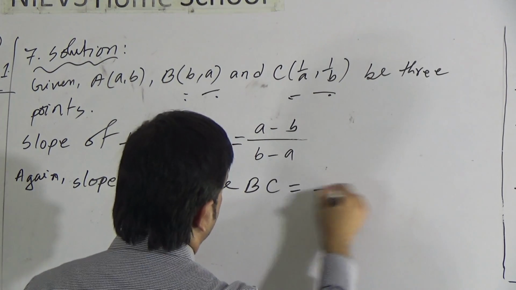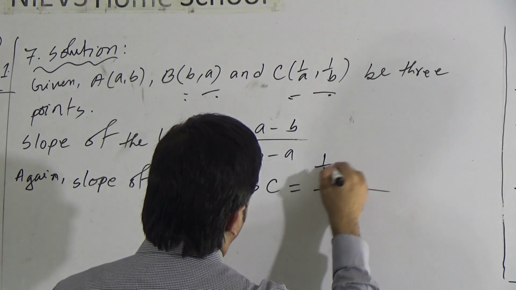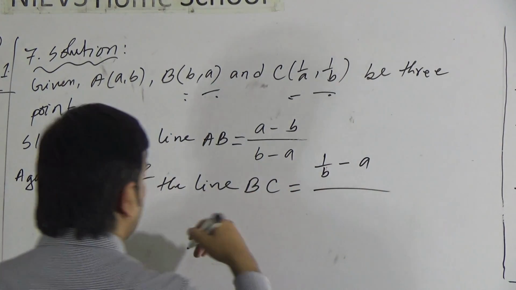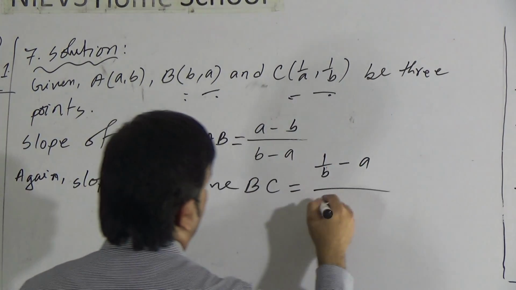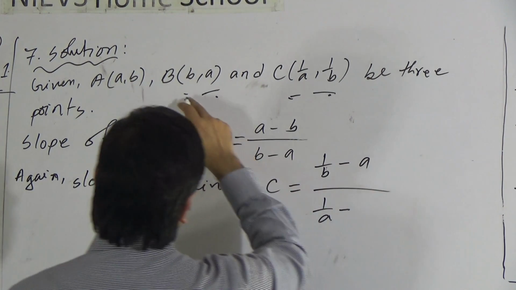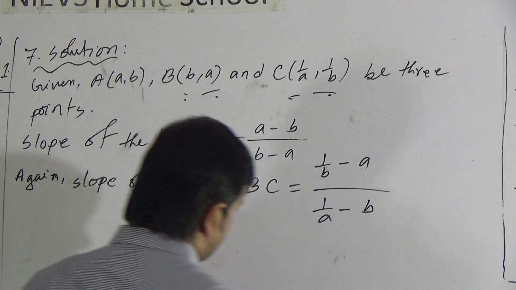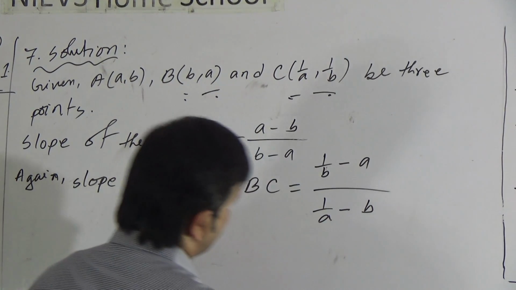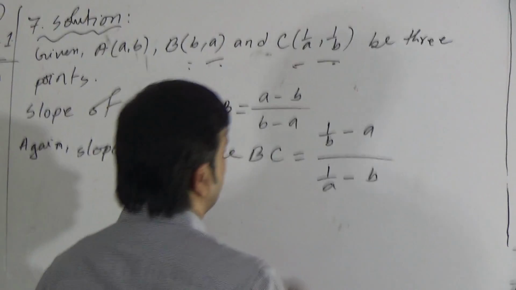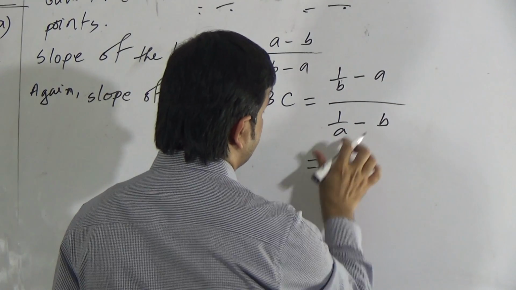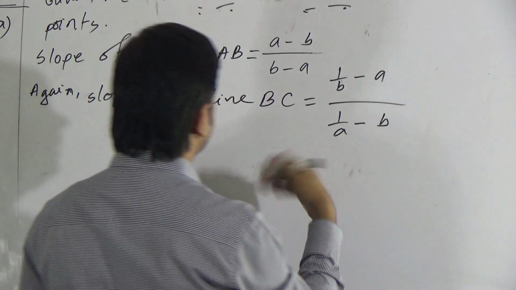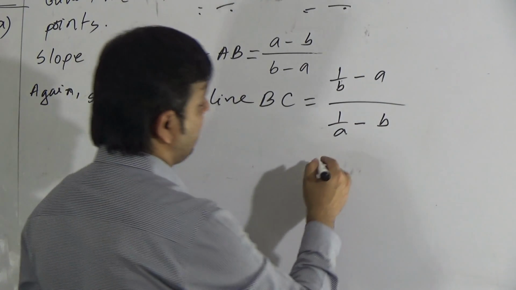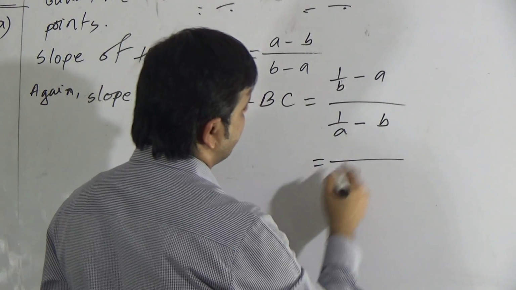So y2 minus y1, y2 means 1 by b, minus y1 is a. Here x2 minus x1, 1 by a minus b. So we can say these two must be equal. We can simplify here, or we can simplify in the solution portion where I will form the condition. We can simplify here also.